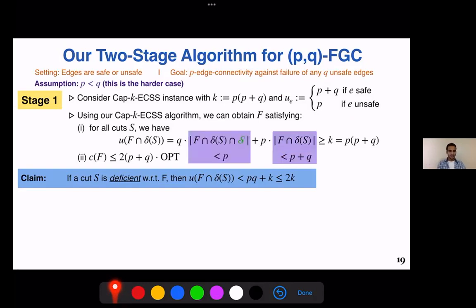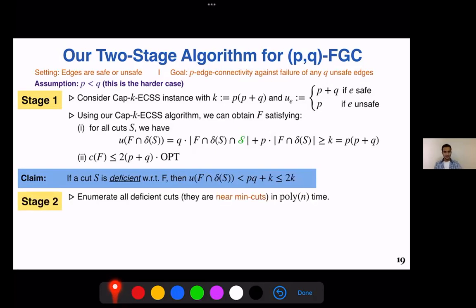By definition, since S is deficient, there are fewer than P safe edges in that cut, and fewer than P plus Q edges in total in that cut. So this gives us the bound that the capacity of a deficient cut is strictly less than PQ plus K.